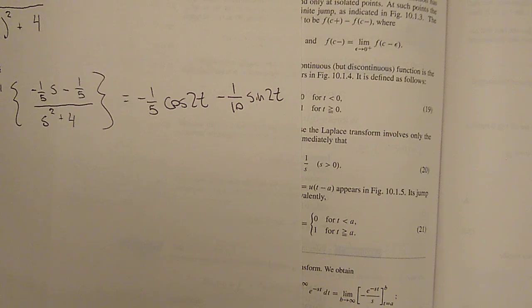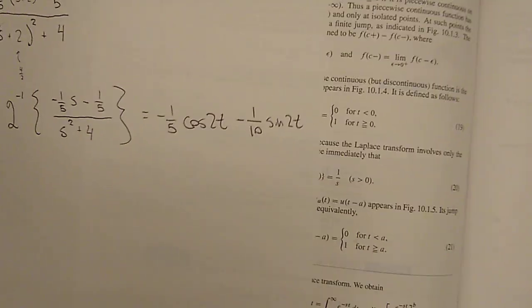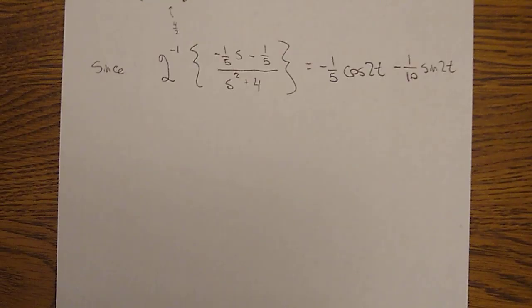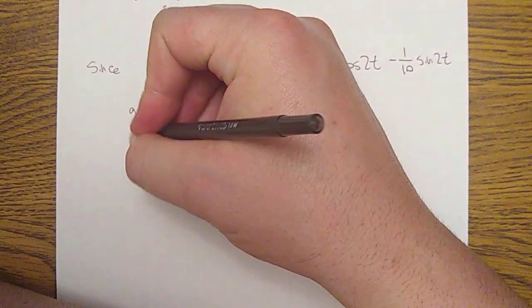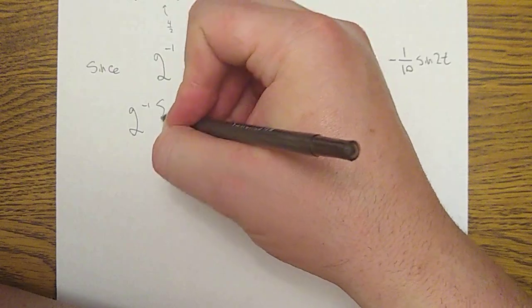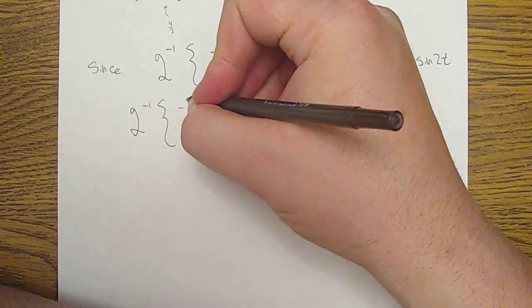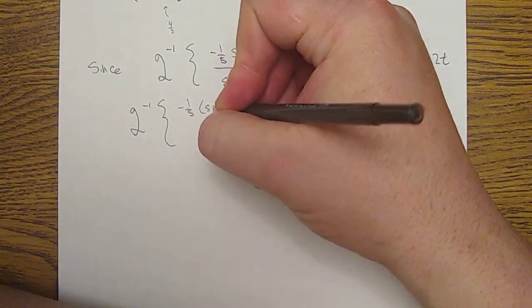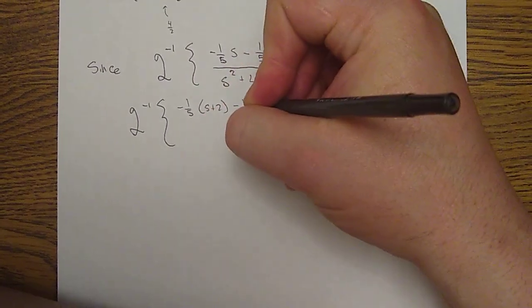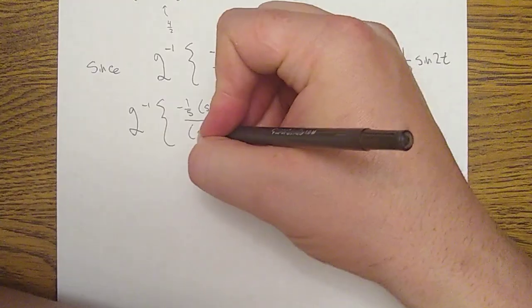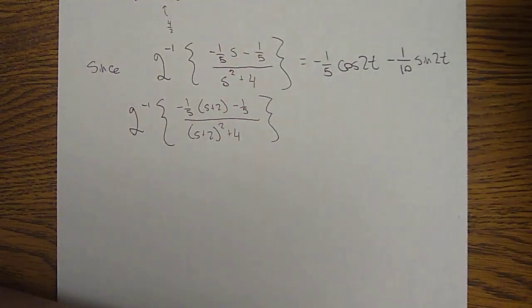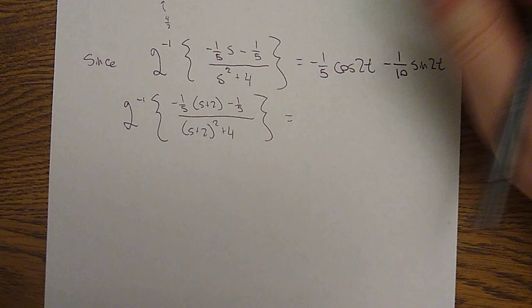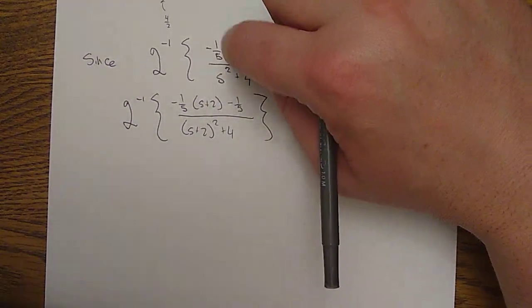But that is not the inverse Laplace transform we quite wanted. What we want is a translation of that, which is just if I replace all the s's with s plus 2's.